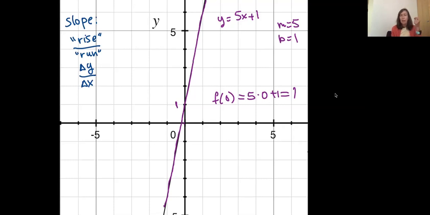To calculate slope, to understand slope, we are thinking about changes. So you have to have a starting value and an ending value. Let me back up a minute and draw your attention to these triangles that I drew here.